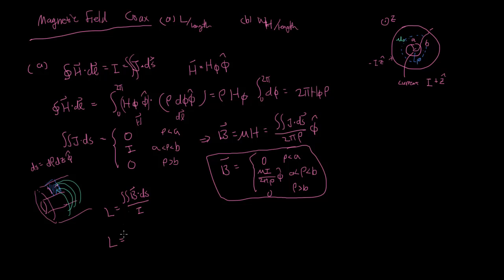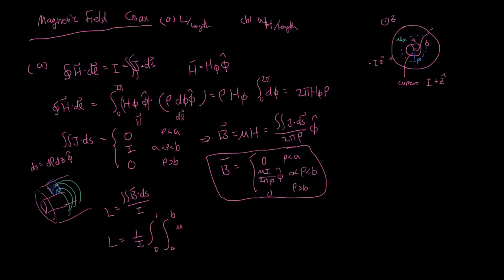So let's plug in our values. We have 1 over I. We're integrating, let's say, per unit length. So we're going to integrate z from 0 to 1 so that it's per unit length, since we want the inductance per unit length. In terms of rho, we're going to integrate between A and B, since that's the portion that's non-zero. And then we find our B dot dS, right?